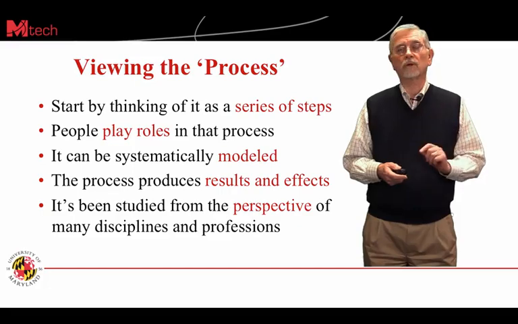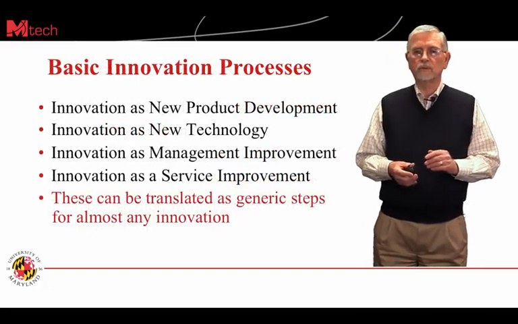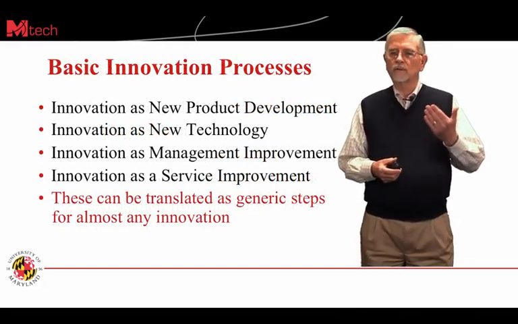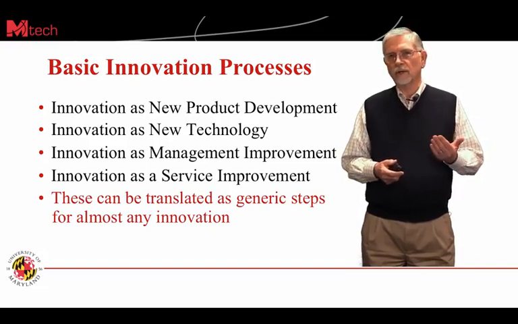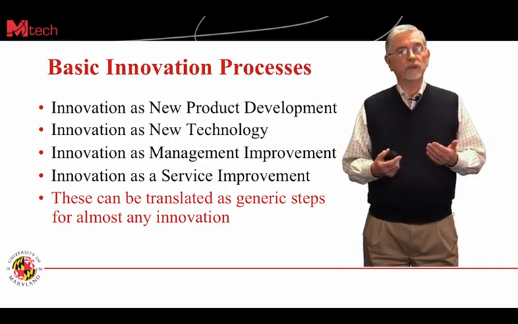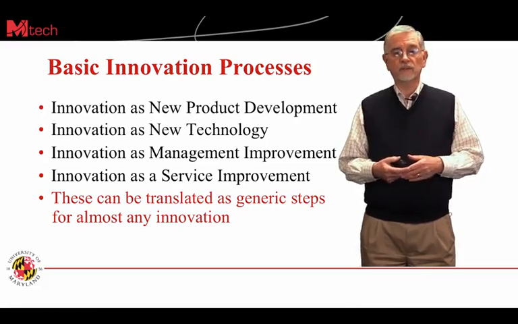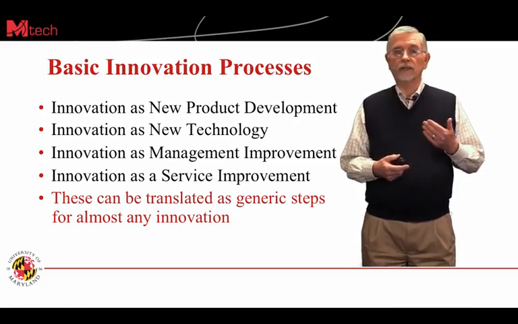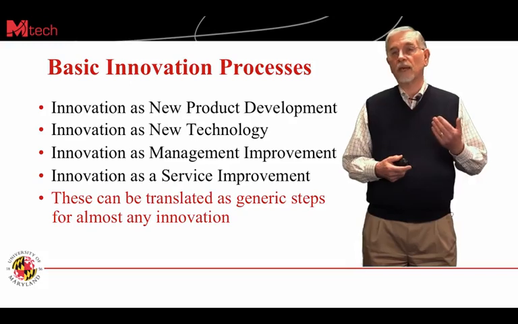We're going to look at 4 different ways. There is new product development, which is a very standard way of looking at innovation. Most of the innovations we're familiar with are really part of new product innovations. We'll look at innovation as new technology. We'll look at innovation as a management improvement.